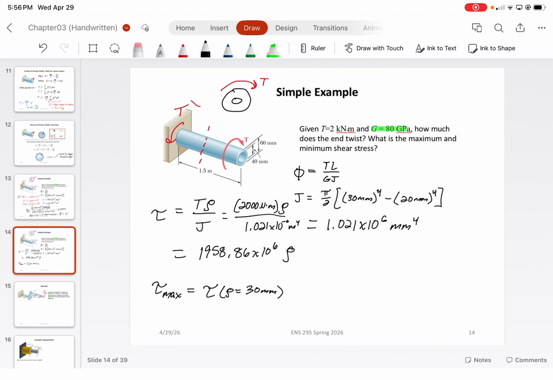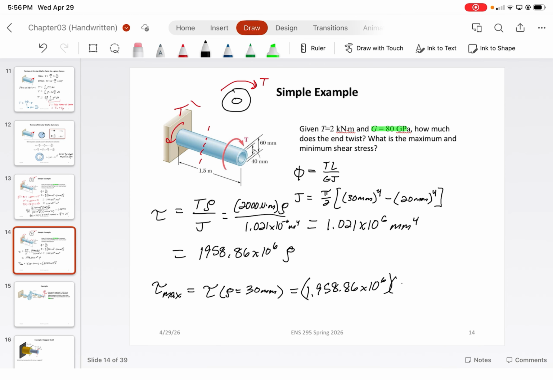Yeah, because it's in Newton meters, newtons per meter squared, so the stresses are going to look large. 2,000 divided by 1.021 times 10 to the negative 6 would just be 1958.86 times 10 to the 6.